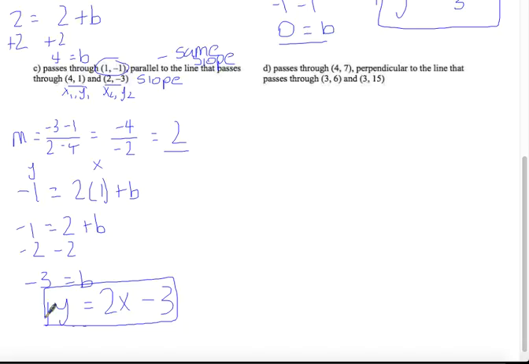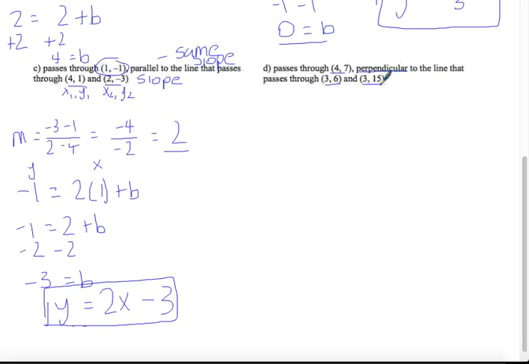Finally, we have a line that passes through 4, 7 and perpendicular to the line that passes through 3, 6 and 3, 15. So perpendicular is going to be a negative reciprocal slope, right?